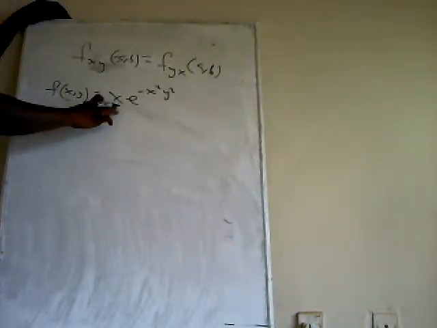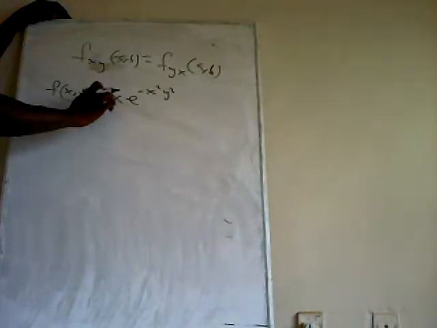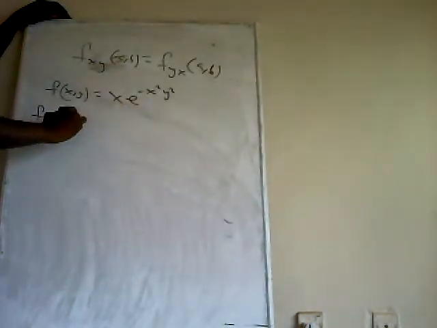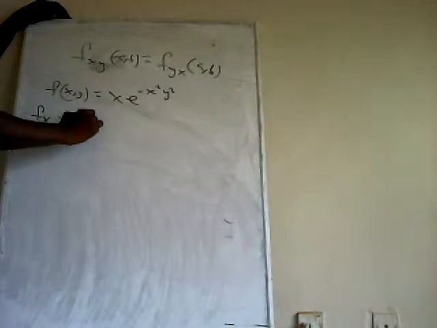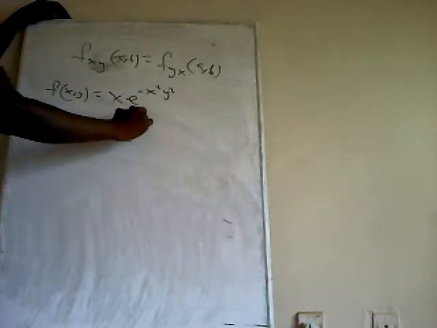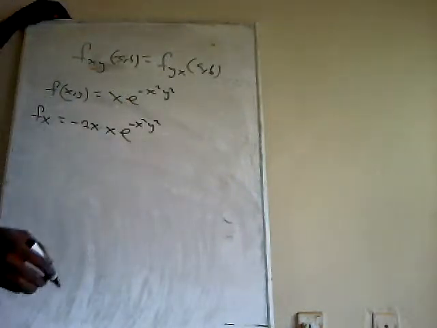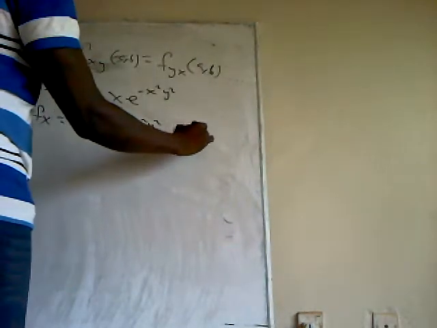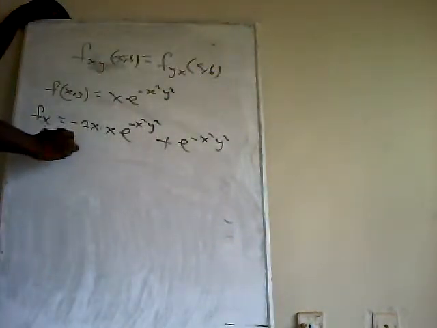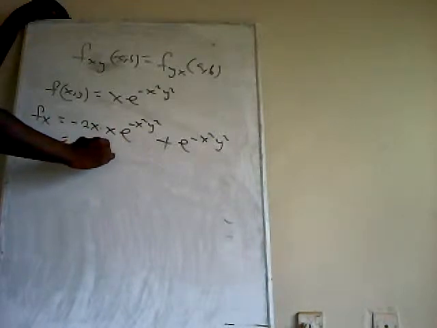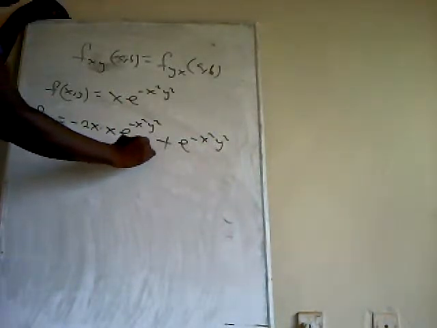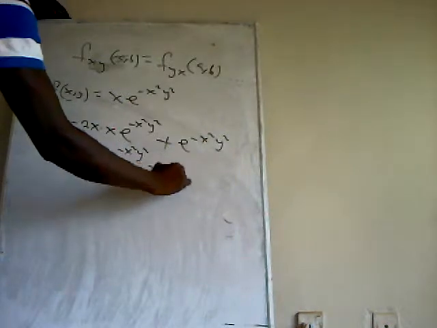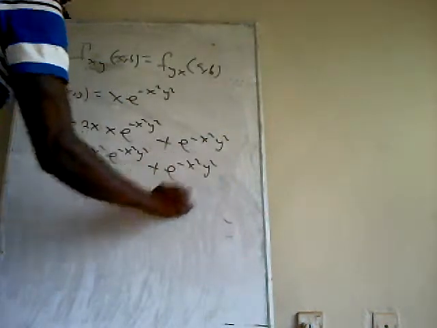Differentiate this with respect to x: when I hold this one constant and differentiate that, I'm going to get minus 2x, multiplied by my x in front, e to the minus x squared y squared, plus hold this constant, differentiate this, and I'm going to get e to the minus x squared y squared. Simplifying, I get minus 2x squared e to the minus x squared y squared plus e to the minus x squared y squared.